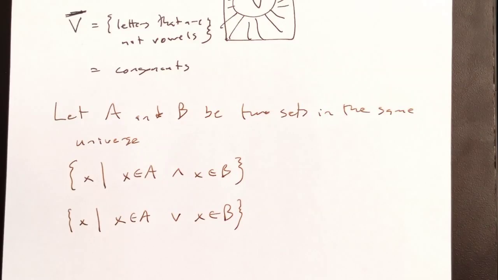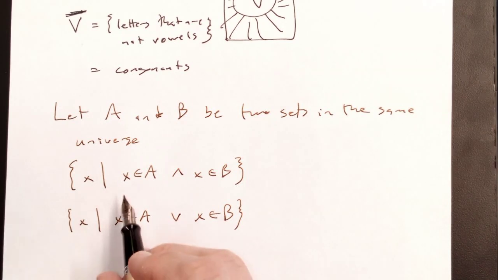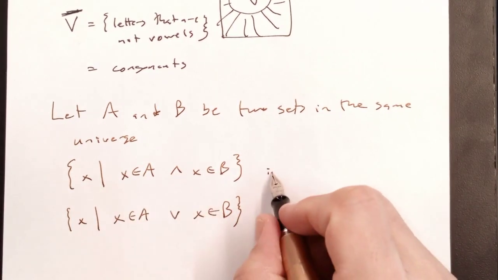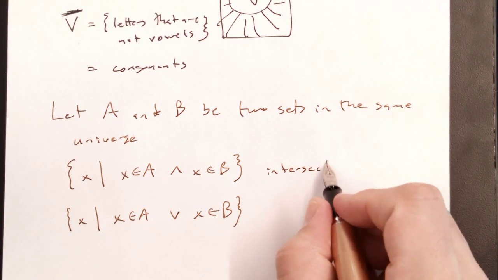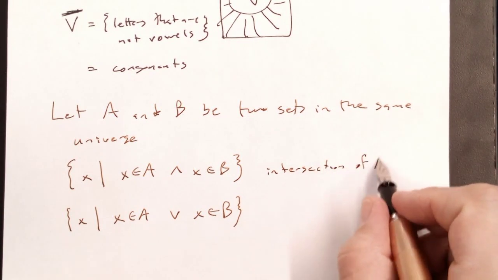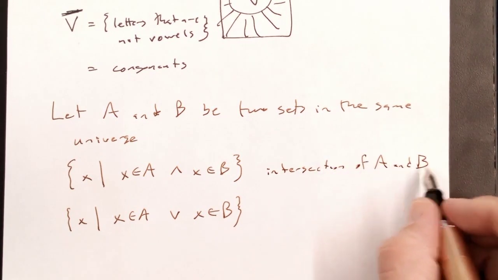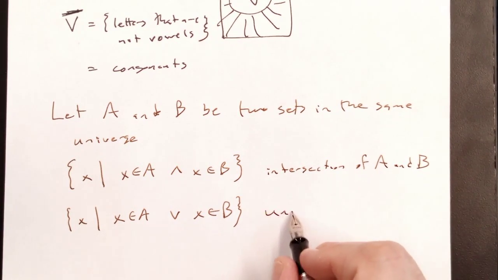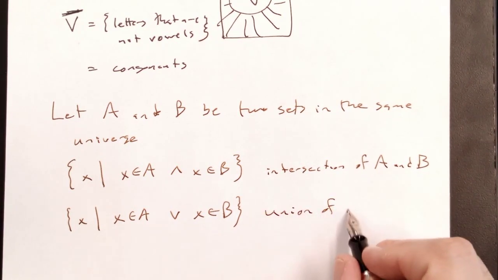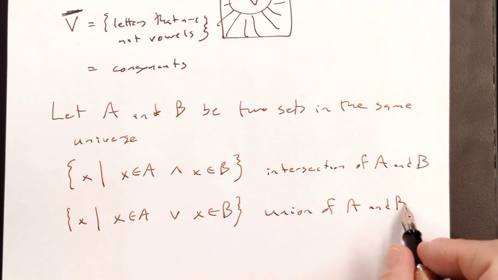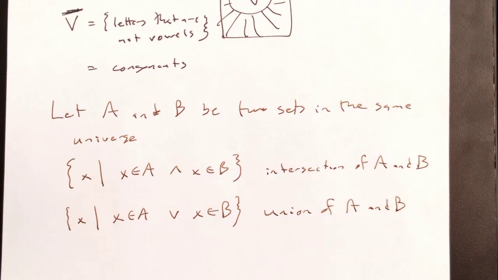Exactly the same idea. I'm going to call the and one the intersection. And I'm going to call the or one the union. The symbol for intersection is a rounded version of the and symbol.